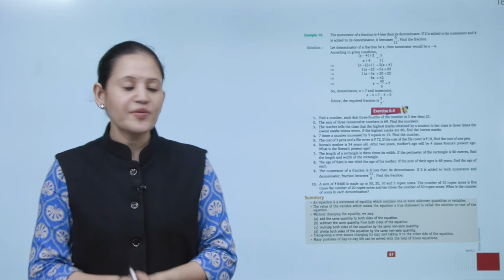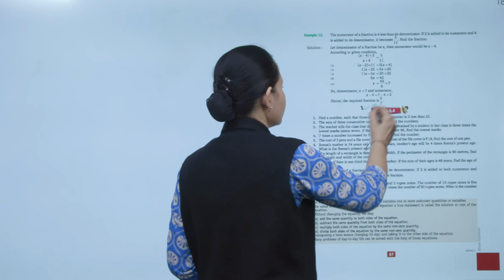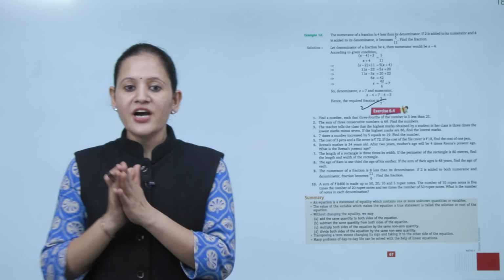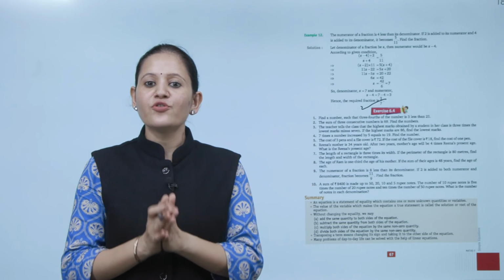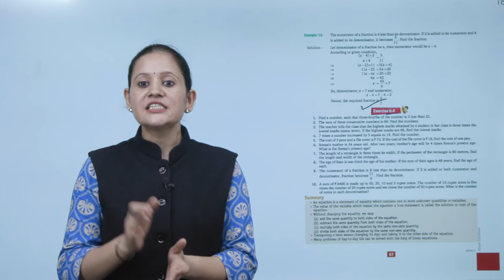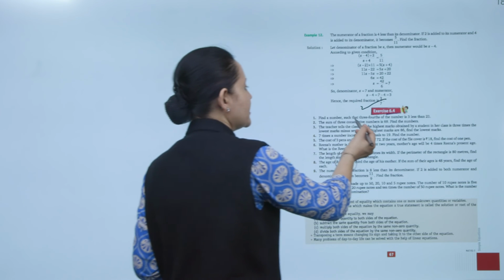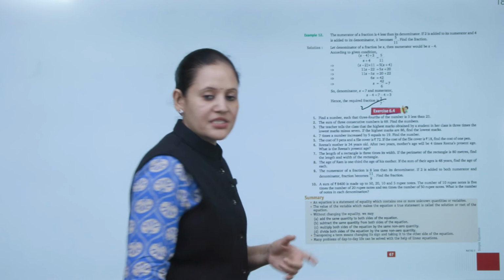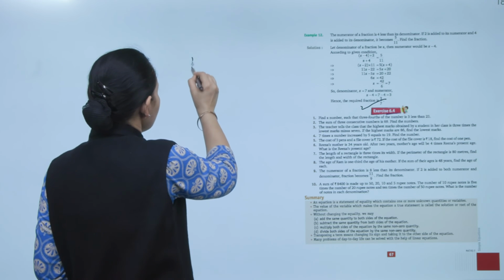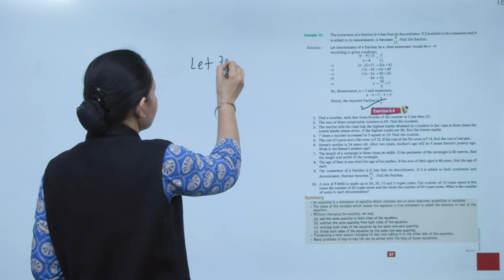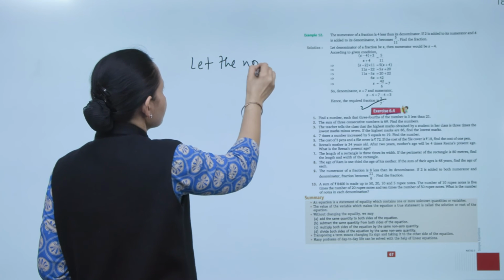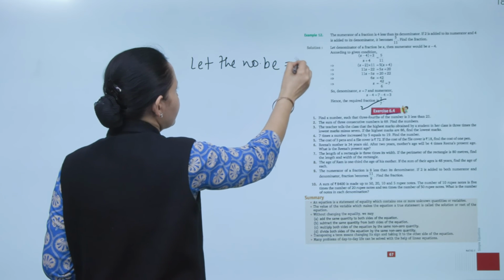Next is exercise 6.4. Find a number such that 3/4 of the number is 3 less than 21. So we have to find a number such that 3/4 of the number is 3 less than 21. Let the number be x.